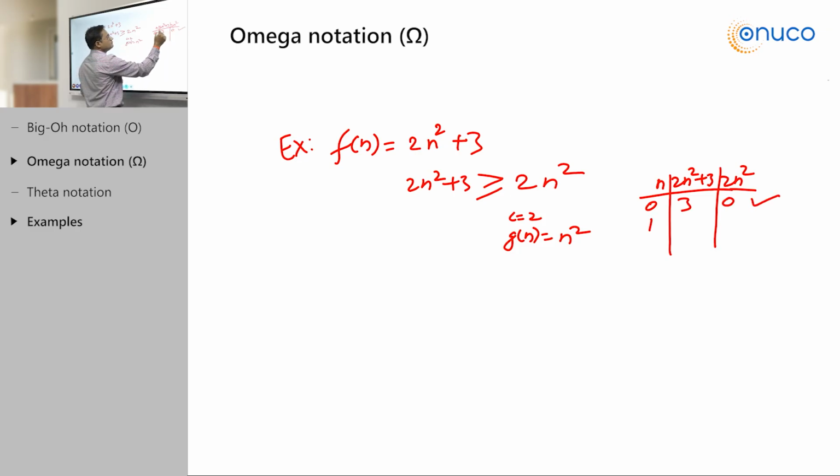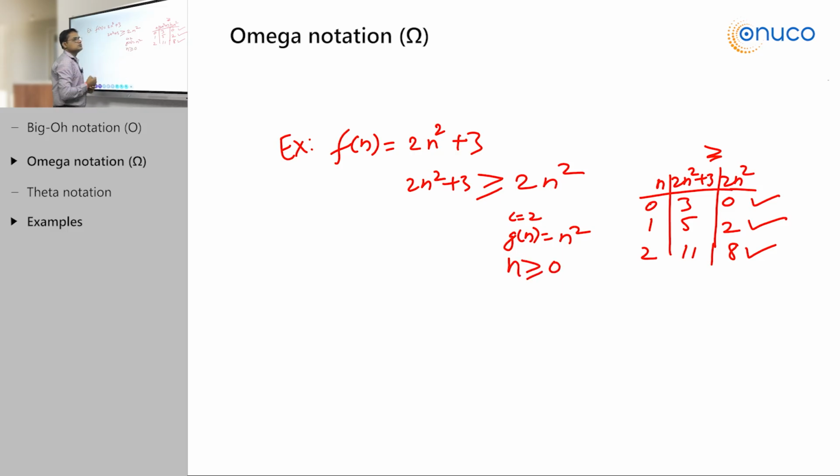If you take 1, it is 5 against 2, true, because this is greater than or equal to. Then 11 against 8, true. It means it is going to be true for all the values. Hence, we can say that n must be greater than or equal to 0.